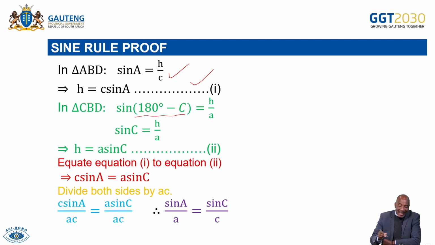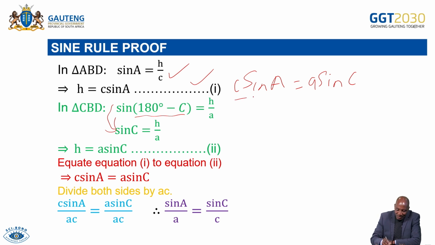Then from there, we reduced to sine C equals h over a. Then you make h the subject of the formula. We equate the two. Again, after equating the two, it's up to you to decide. You are going to say c sine A is equal to a sine C from the two triangles.